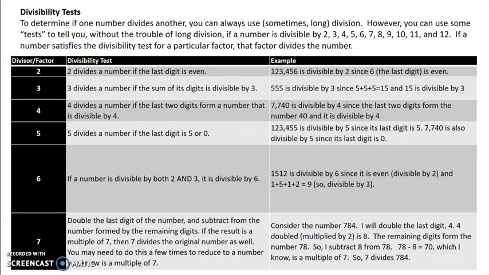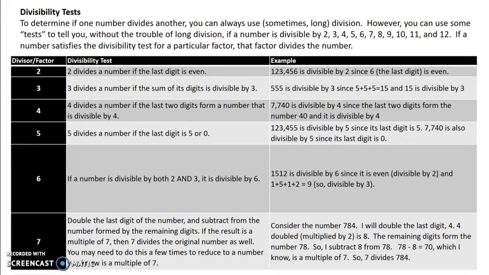So we have tests here for divisibility by 2, 3, 4, 5, 6, 7, 8, 9, 10, 11, and 12. We don't need 1 because every number is divisible by 1. I think these will serve us well as we continue our study. So if a number satisfies the divisibility test for a particular factor, that factor divides the number.